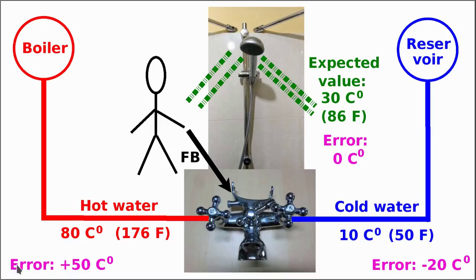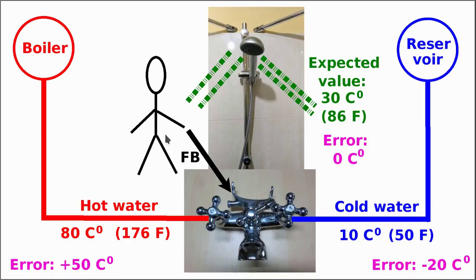If we are thinking about the error, then we can calculate the error as the output, which is 80 degrees C, minus our expected value of 30 degrees C, so overall the error will be plus 50 degrees C in this case.